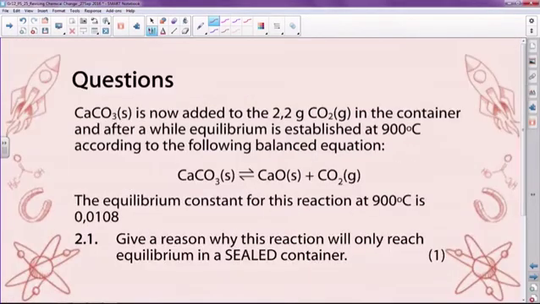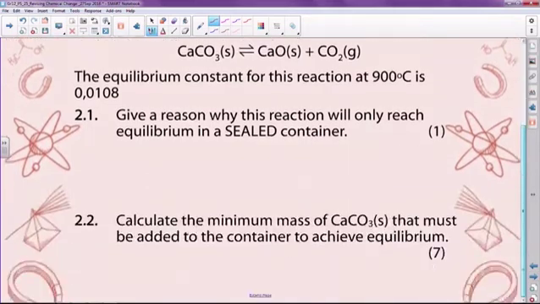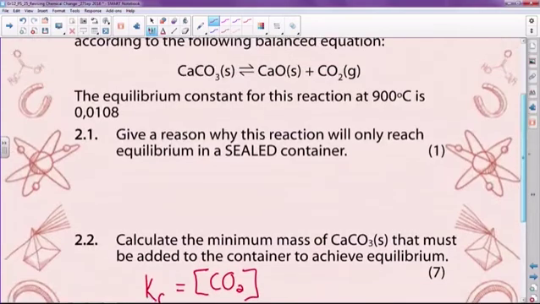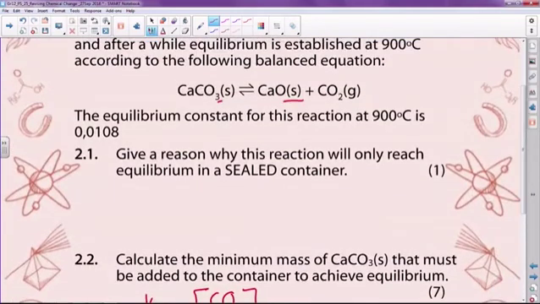Okay, so let's look at what would happen here. Now, we want the minimum mass of the calcium carbonate. This actually is a normal stoichiometric calculation with one slight difference. Your Kc expression is simply the concentration of the CO2 because those are solids.